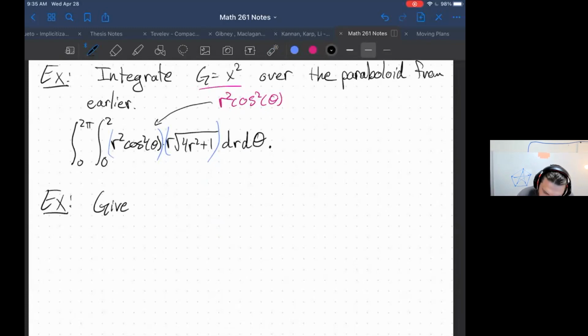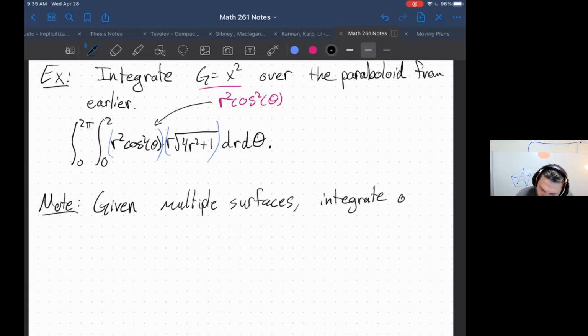So this is just a note, actually, first, that we will use in the next example: given multiple surfaces, you can integrate over each and add them up, right? Just like anything else where, if we have a curve that's broken into multiple parts, we just integrate over each of the parts.